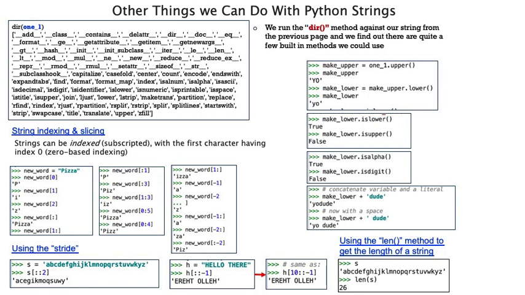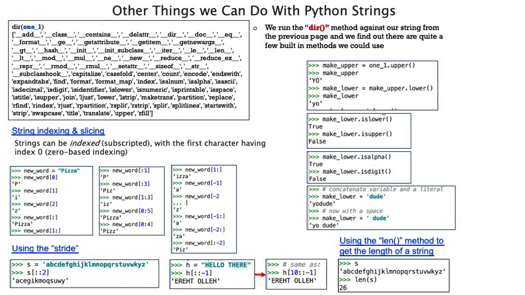We can then take that and feed it the lower method, and it changes it back to lowercase. We can also test for truthiness. So make_lower dot islower: is it lower? Yes, it is. Then I can test for, is it uppercase? No, it's not. I can test if it's alphanumeric. Yes, it is, comes back true. And I can test if it is a digit, and no, it is not.